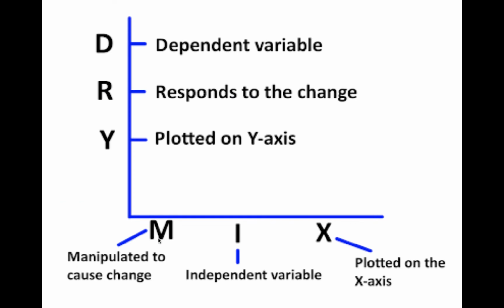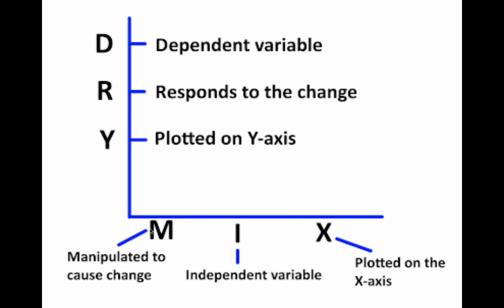Probably the best mnemonic device I've ever seen for remembering independent, dependent variables, and also how they are plotted on a bar graph, which we're going to do later in the unit, is DRY MIX. The dependent variable is the variable responding to the change in the independent variable, and it's always plotted on our y-axis.